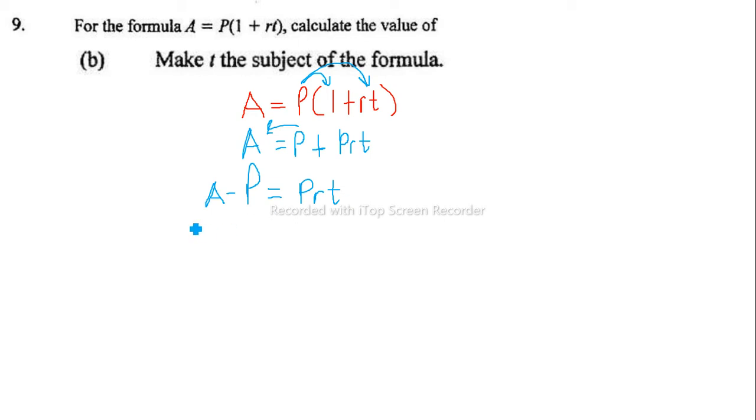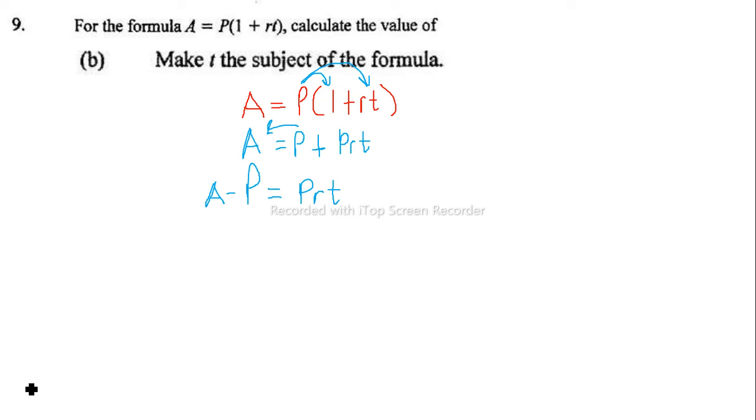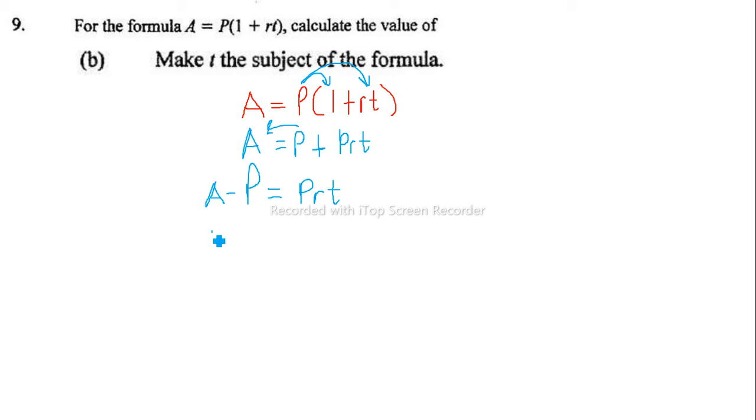All right. And then what do we want to do? What should we do? Because we want to make T the subject. We divide both sides, or no? Divide both sides by what?